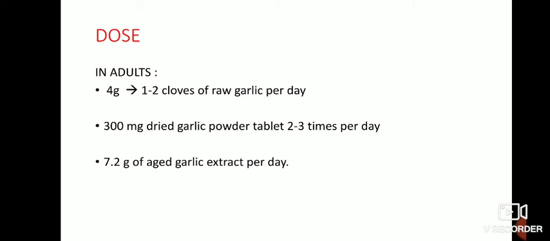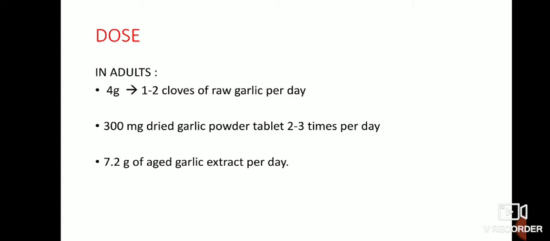But since we readily get garlic in our places, it is better to take raw garlic, 1 to 2 cloves per day, that too on an empty stomach, along with a small piece of ginger. And for flavor, you can add some vitamin C contents like gooseberries, all mixed in a thick semi-solid form, raw.